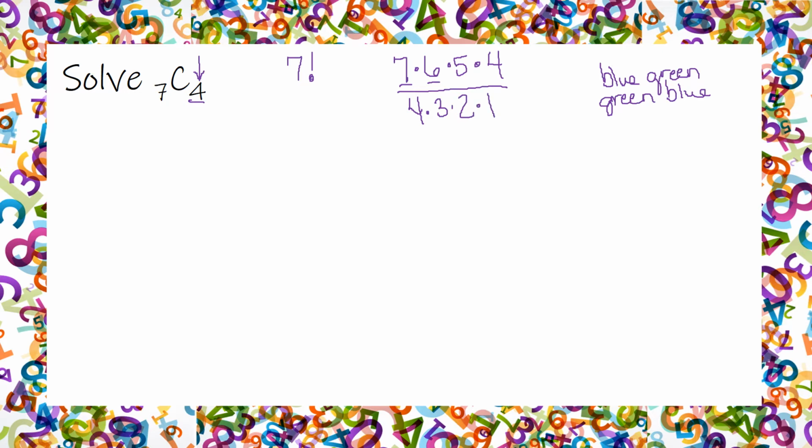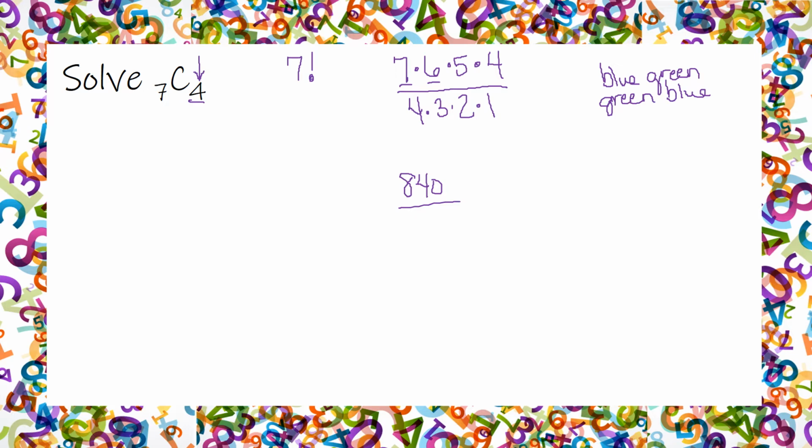So all I'm going to do is multiply the top. So 7 times 6 times 5 times 4. And I get 840 for the top. And on the bottom of this division, I've got 4 times 3 times 2 times 1.